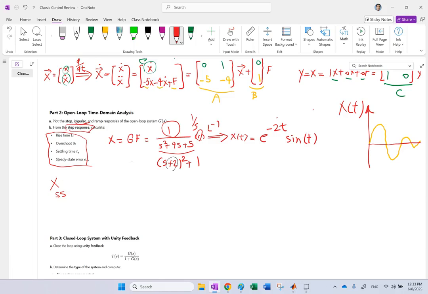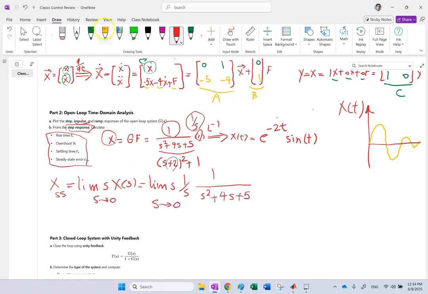So based on the final value theorem, this is equal to the limit of s times X(s) as s goes to 0. Now, as I said, for the step response, you have to use F(s) equal to 1 over s, and then times G, and let s go to 0, and clearly you can see that it is going to be 1 over 5.